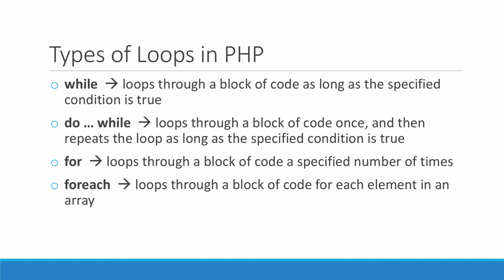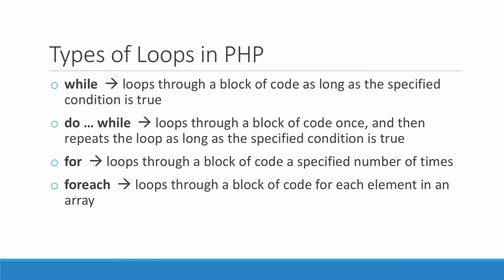DoWhile is very similar, but what it does is we give it a statement first, and this is the block of code that it goes through first, and then it goes through a loop and keeps doing it just like the while statement, because you'll see that this is a do statement followed by a while statement to create this. And so the while loop portion of this will just keep going through it as long as the condition is true.